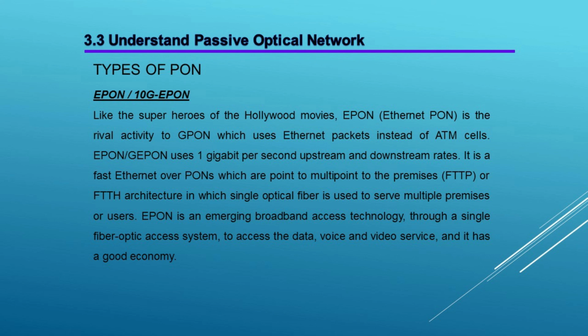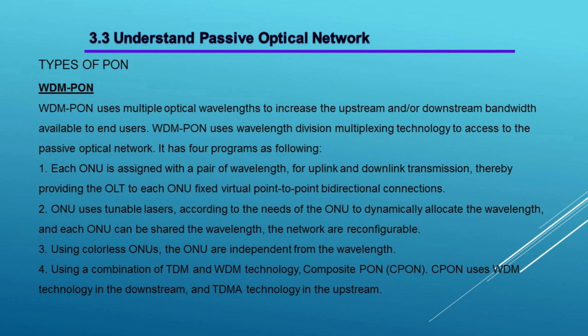It is a fast Ethernet over PON switched point-to-multipoint to the premises, FTTP or FTTH architecture, in which a single optical fiber is used to serve multiple premises or users. EPON is an emerging broadband access technology that, through a single fiber optic access system, provides data, voice and video services, and it has good economy.